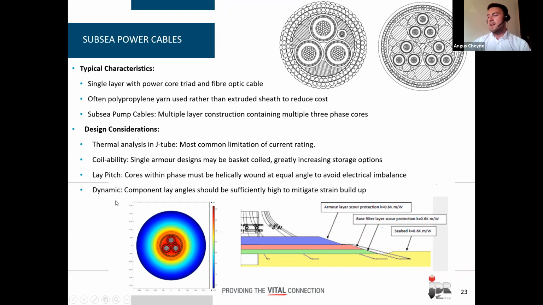This is the highest temperature section of the cable and is the most common limitation of the current rating. So that's what's going to limit how much power you can transmit through your cable. Most commonly it is the J-tube, because when it's on the seabed, even though that's the majority of the route, the temperature is much lower. So it's not a limiting factor, whereas the J-tube limits how the cable can perform. So it's really important to focus in on that during the analysis.